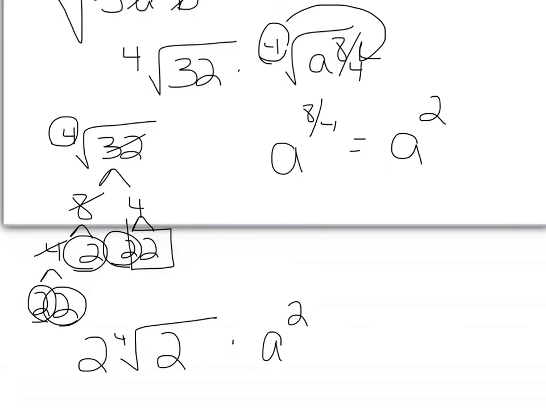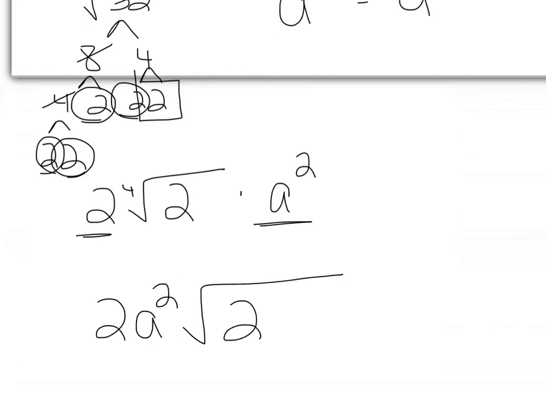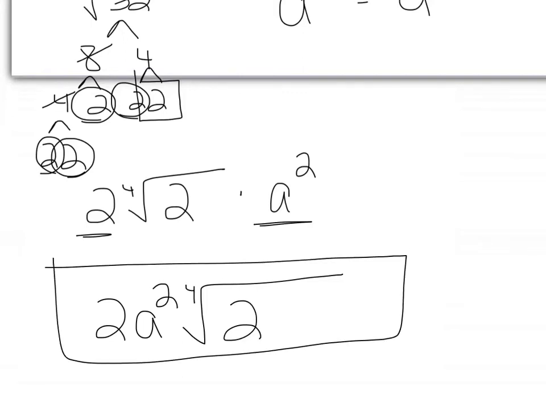Now, a squared is outside of the radical, so it's actually 2 times a squared, so we'll say 2a squared, times the fourth root of 2. Okay, and that is our answer.